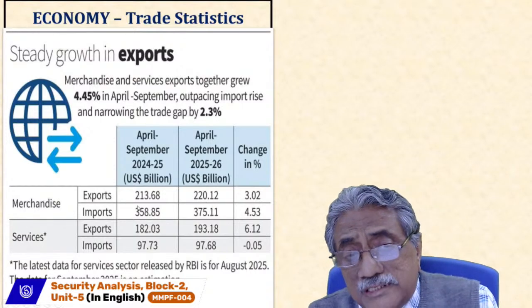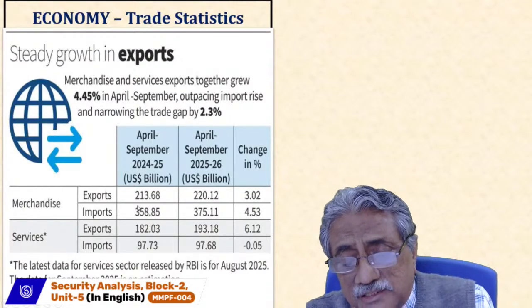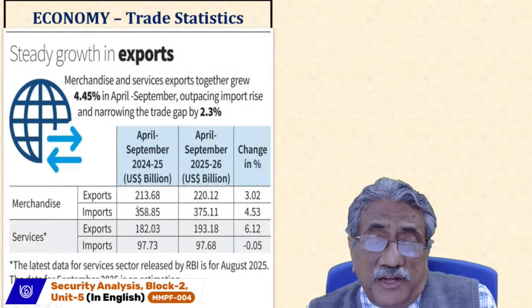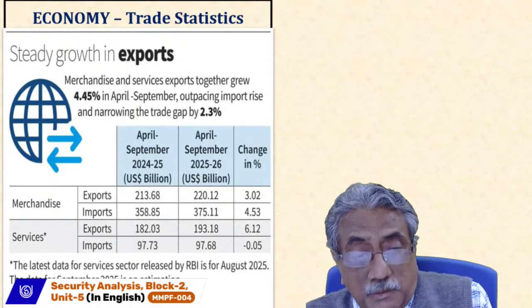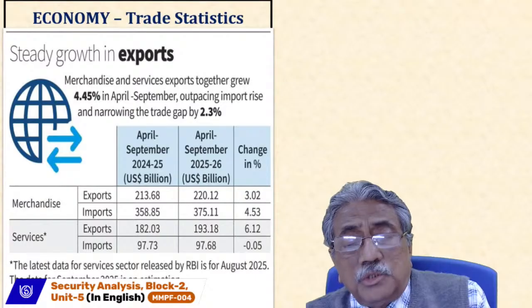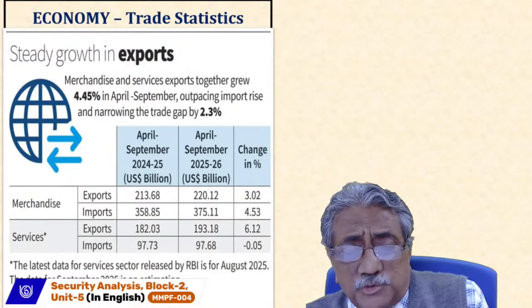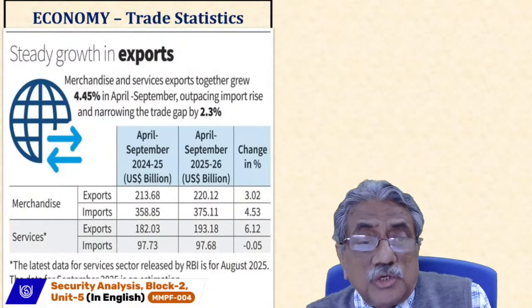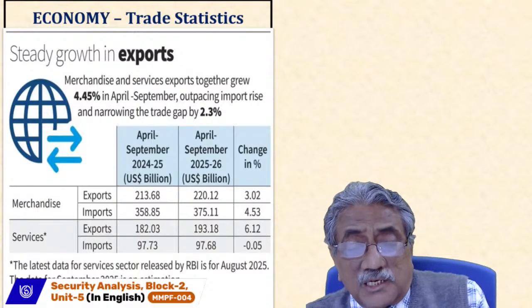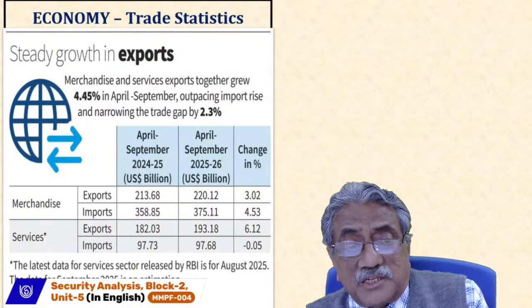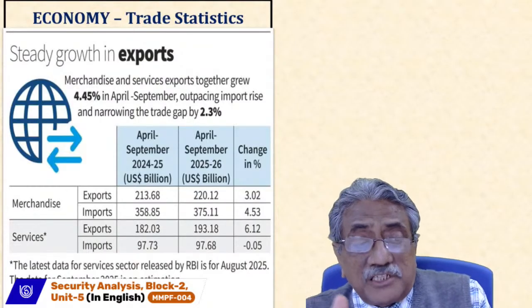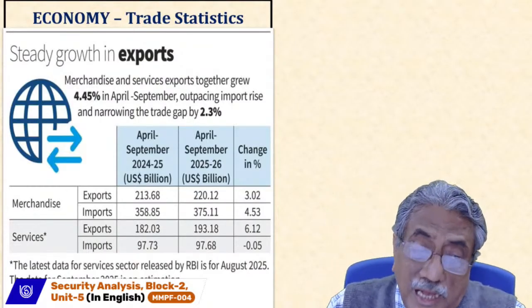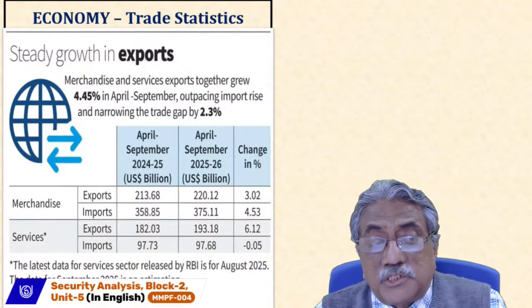Mind you, this is in spite of the fact that the government of India is facing tremendous pressure from the US, number one. Number two, the geo-economic situation is also not very sound. Other countries are also facing problems. In spite of that, India is diversifying its export and also trying to keep control over import.